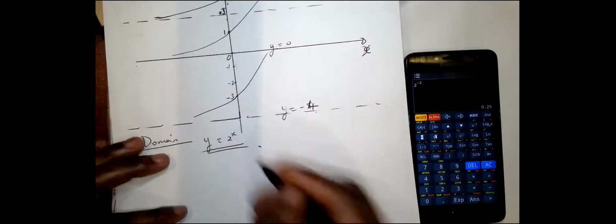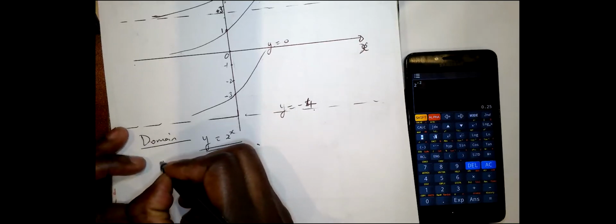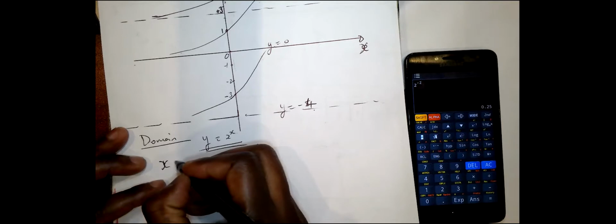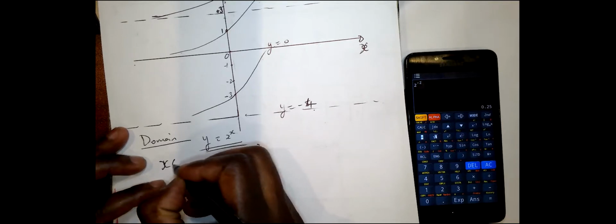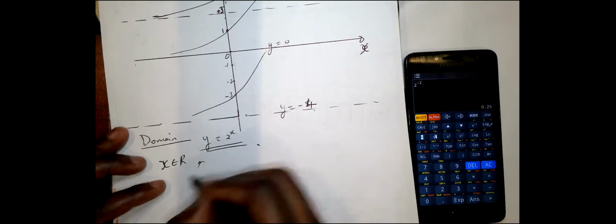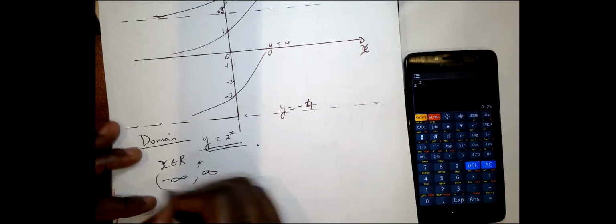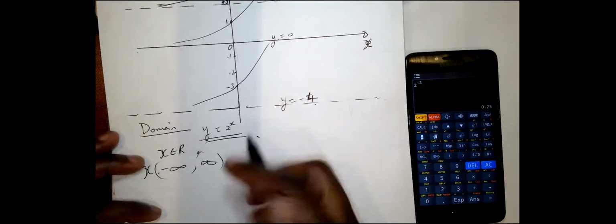So generally for the graph, x is an element of real numbers. Or you can say negative infinity to positive infinity. That's your x there. So you can put it that way if you want.